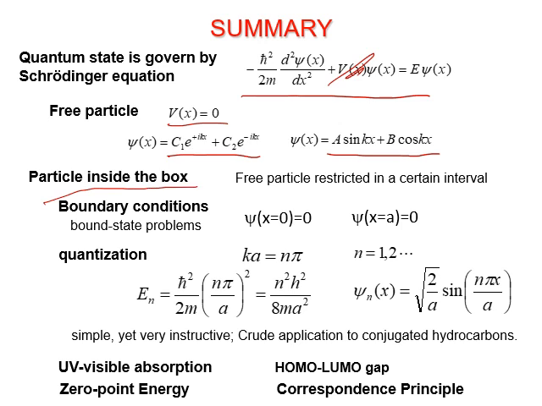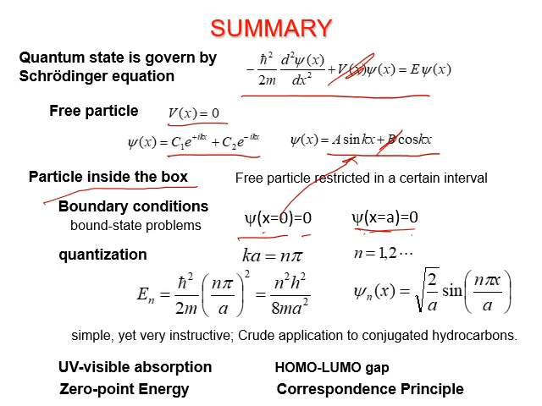Because the electron cannot get out of the system, the wave function outside the molecule is 0, and the wave function is continuous, and therefore it must be 0 at the two ends. That gives you the boundary condition where the wave function is 0 at the left side and 0 at the right side. Applying this to the solution, B has to be 0 to meet the boundary condition on the left side.